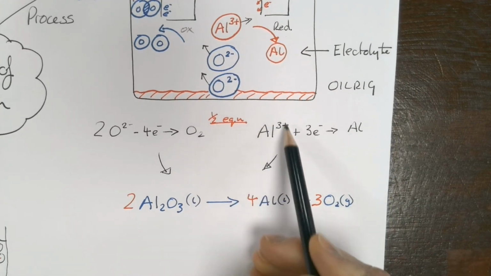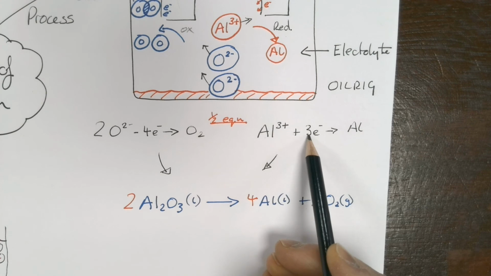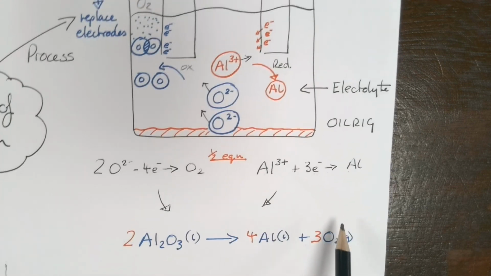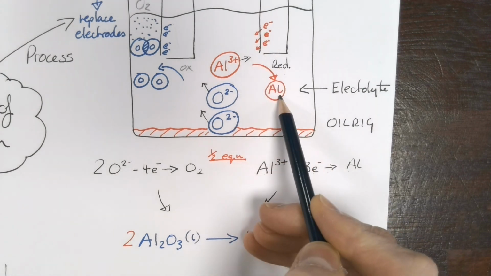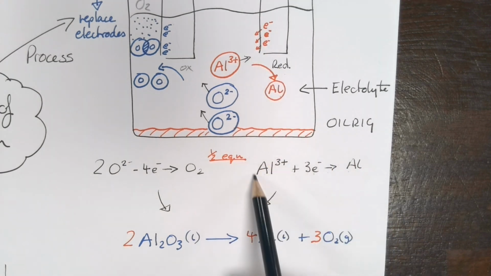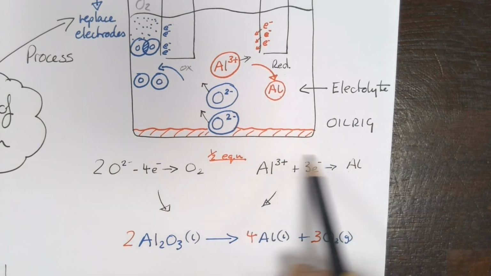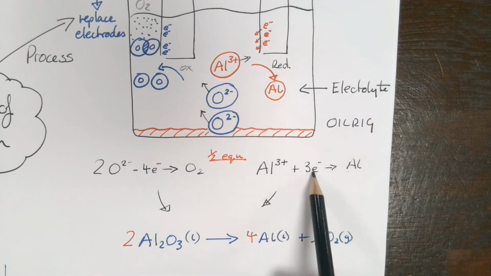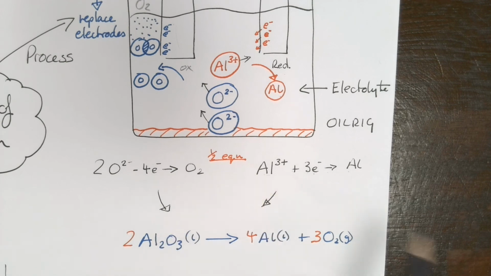So if you remember, the aluminium picked up 3 electrons and turned into an aluminium atom. So we can represent that by writing an equation out. And this is called a half equation, where we just write what happens with the electrons to one part of the compound.